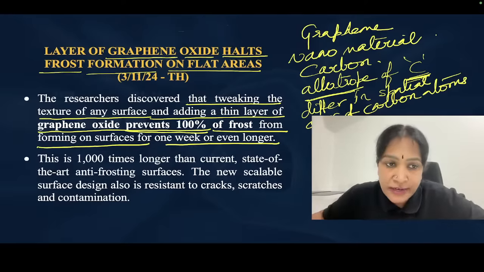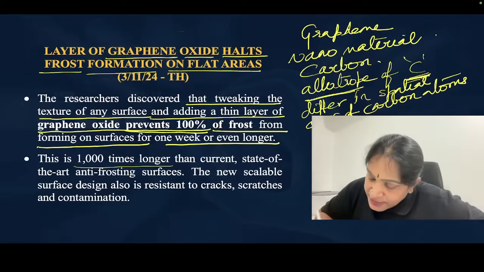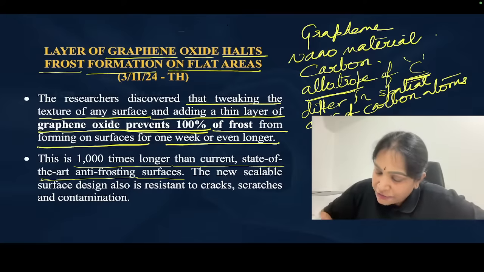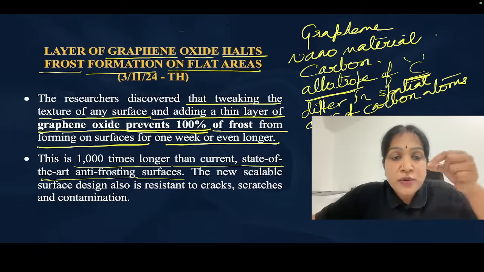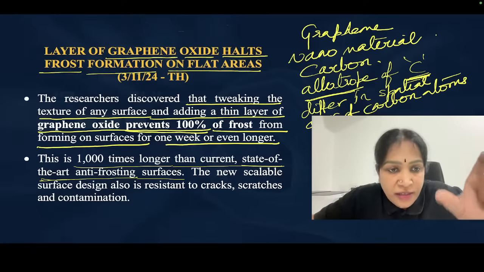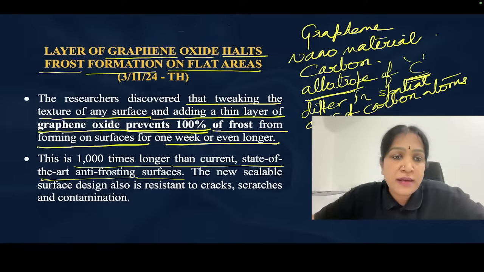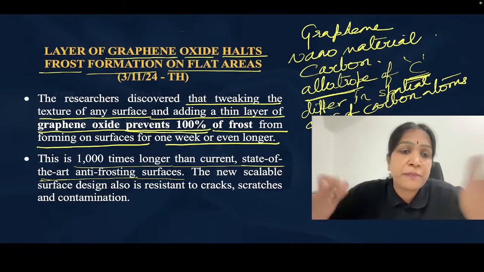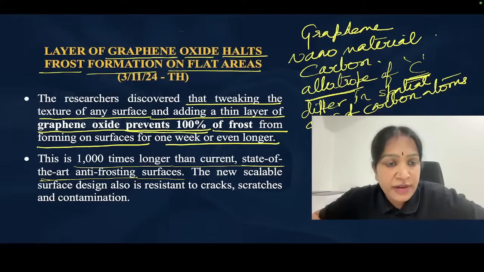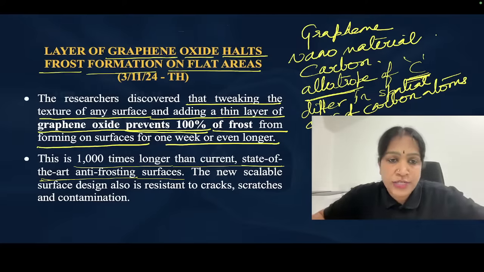This is the news article. It is 1000 times longer than the current state of the art anti-frosting surfaces. State of the art means advanced. So whatever advanced techniques we currently use to prevent frosting, this graphene coating lasts 1000 times longer. Is it clear?